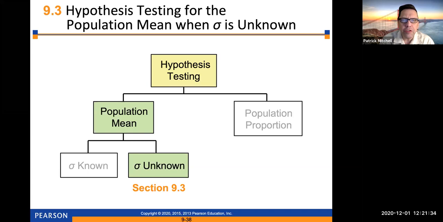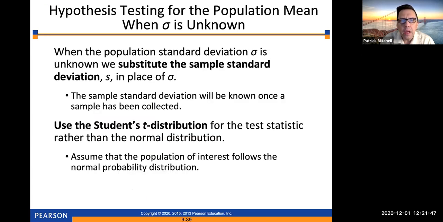We're continuing with Chapter 9 today, talking about hypothesis testing for population mean when sigma is unknown. In the last section, we talked about what to do when sigma is known. When the population standard deviation sigma is unknown, we substitute the sample standard deviation S in place of sigma.